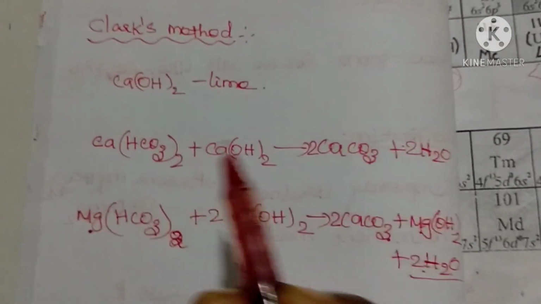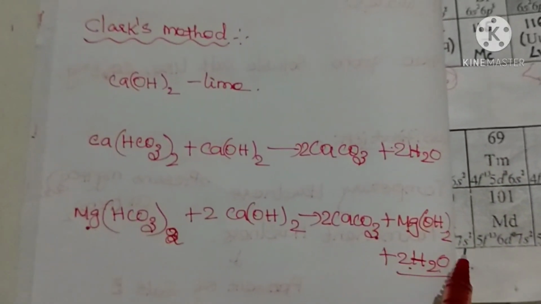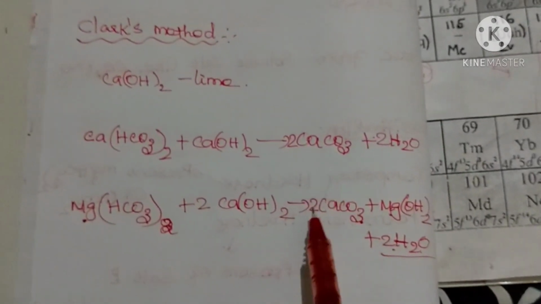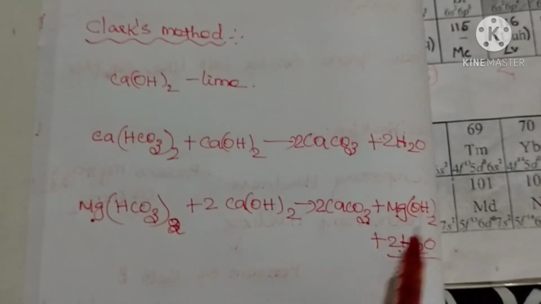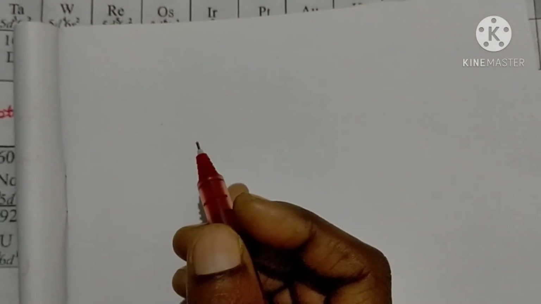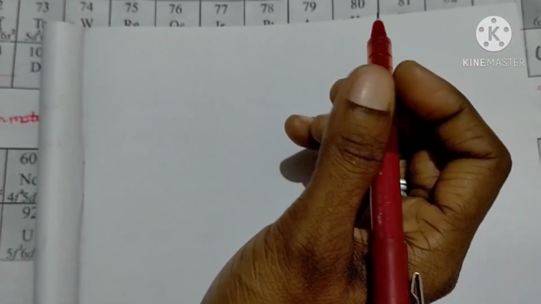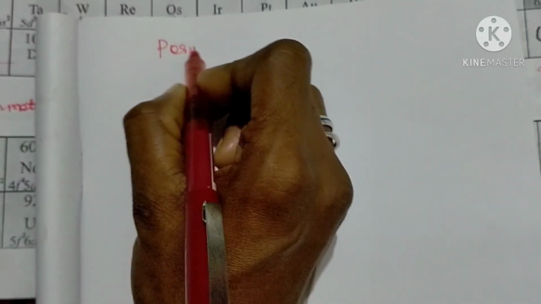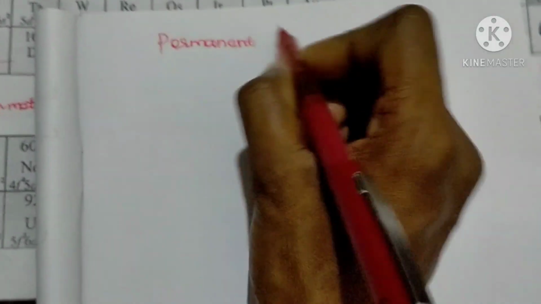So in Clark's method, treating the temporary hardness of the water with lime separates out the hydroxide of magnesium and the carbonate of calcium, removing the hardness from the temporary hard water. Separating out the hardness from the temporary hard water is completed. Next, we are going to see the permanent hardness of water, how it is removed.